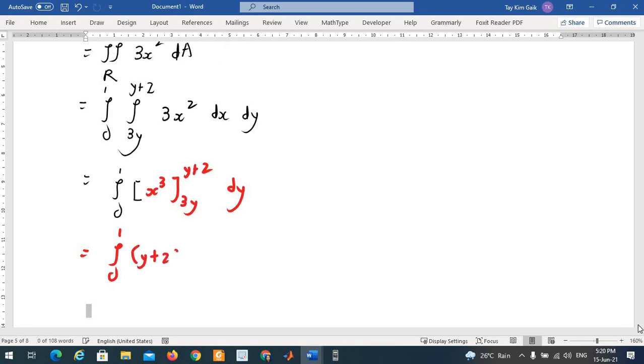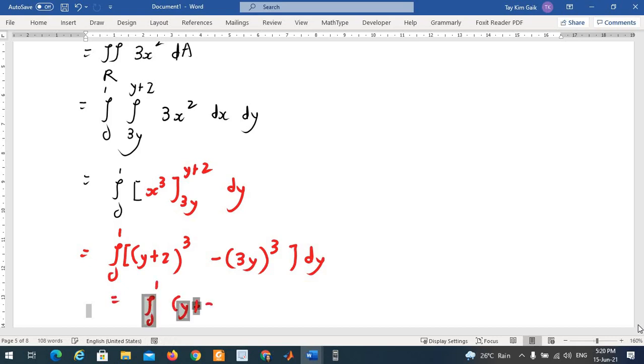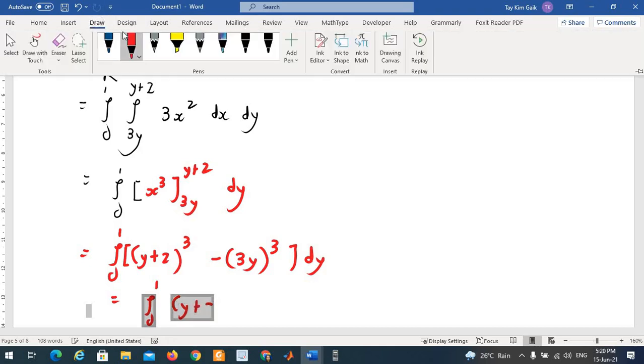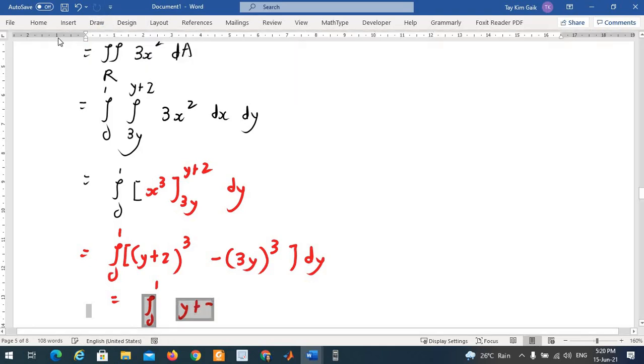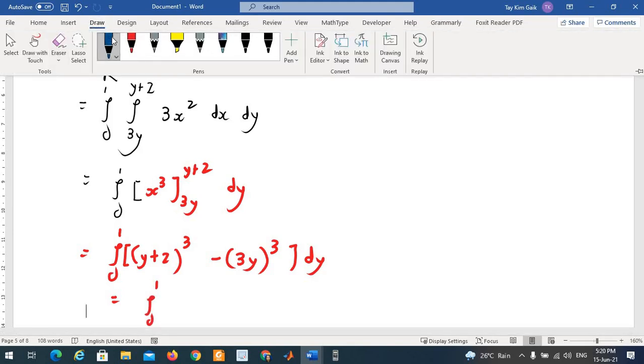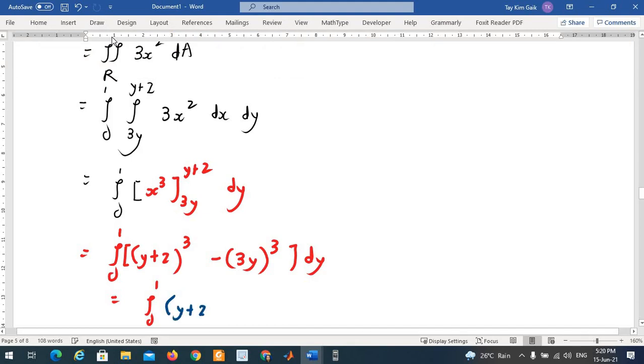So y plus 2 cubed minus 3y cubed dy. We're going to get y plus 2 cubed minus, this will be 27y cubed.